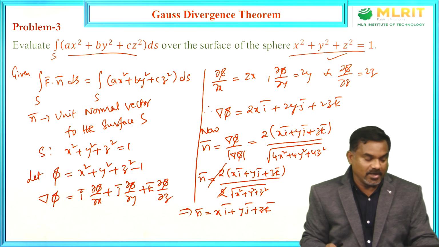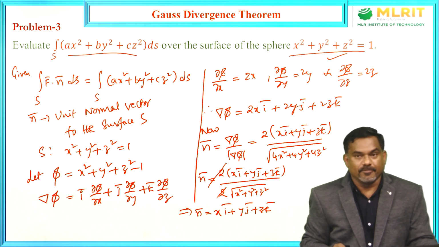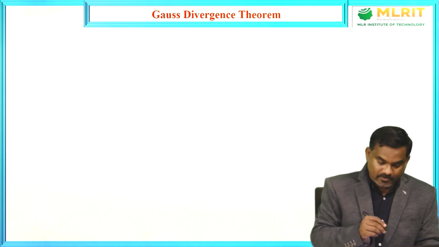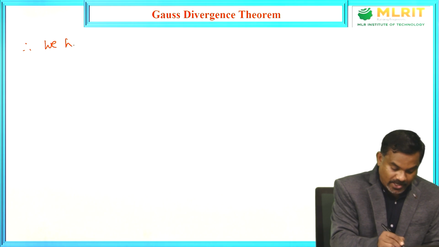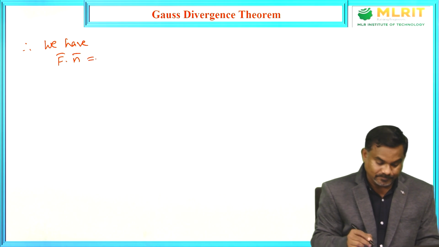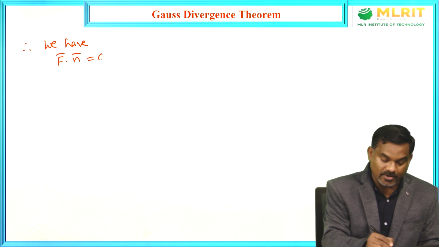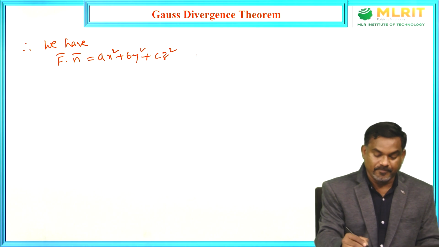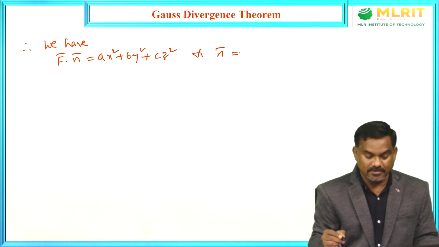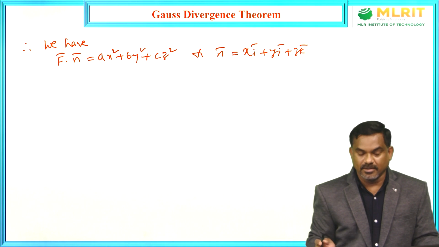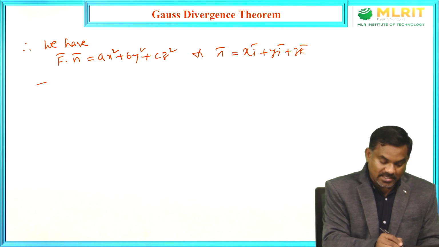So we got n̄, and we have F̄·n̄. From these two we need to find F̄. F̄·n̄ is ax² + by² + cz², and n̄ is x ī + y j̄ + z k̄, which we obtained just now.